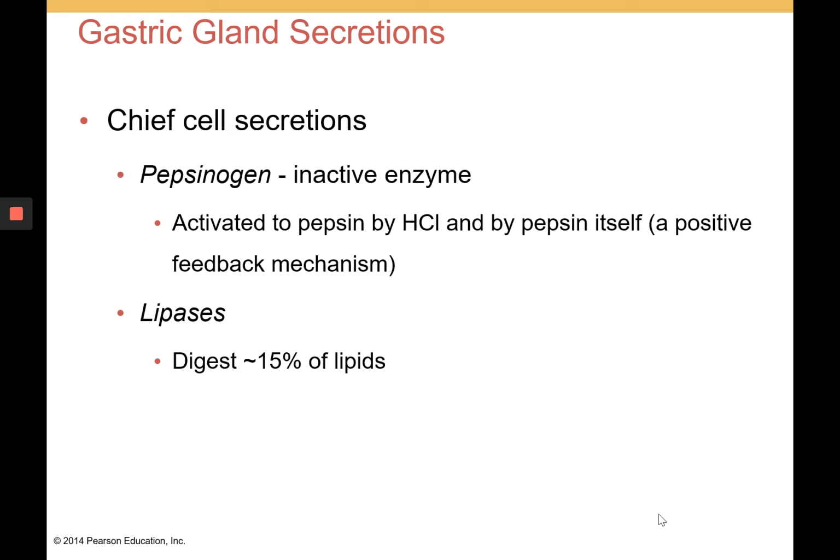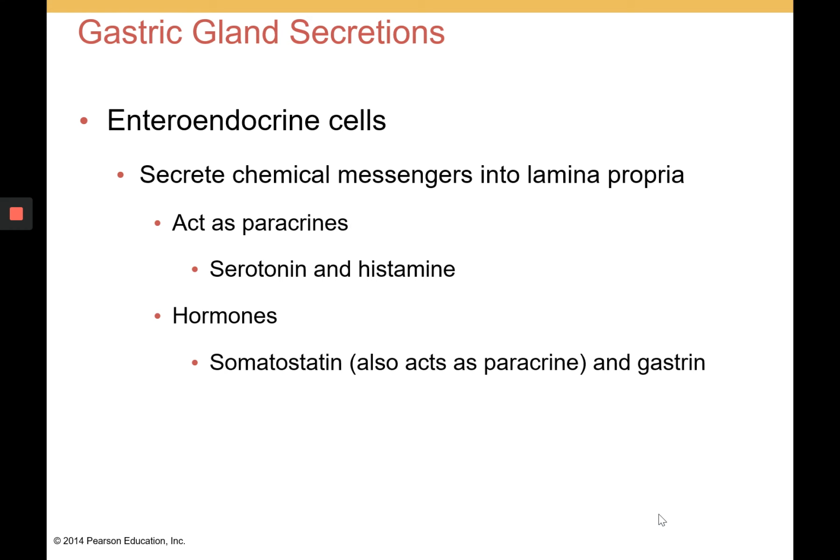And now we're learning that the stomach produces its own lipases. So pepsinogen turns into pepsin in the stomach because of the acidic environment provided by hydrochloric acid. Lipases are just enzymes produced in the stomach that can digest lipids, but they only digest about 15% of lipids. Most lipid digestion occurs in the small intestine.